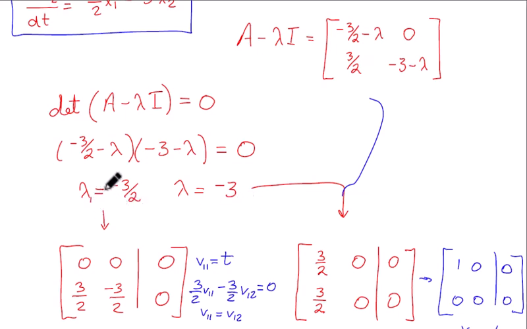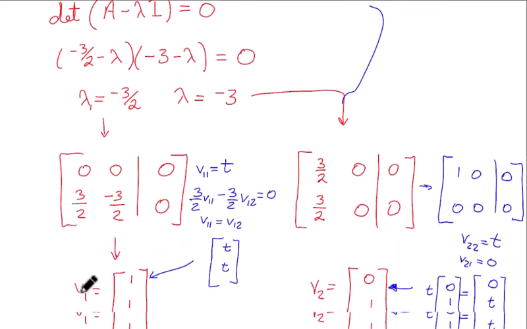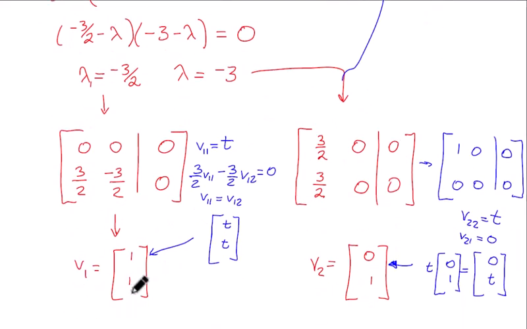So use the minus 3 halves, plug it into this matrix, set it equal to 0, and then I can row reduce, and I can find out what the eigenvector is for that eigenvalue, which is 1, 1.